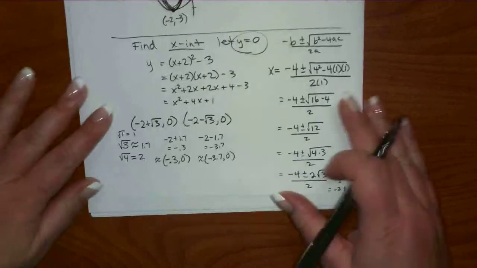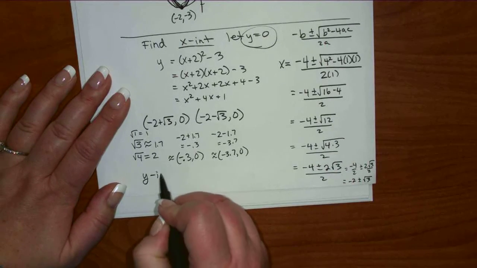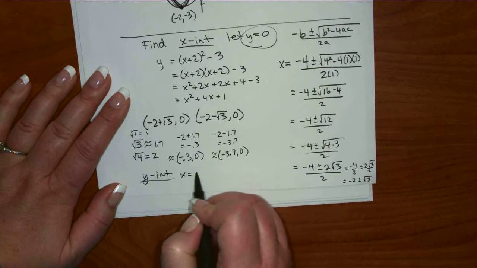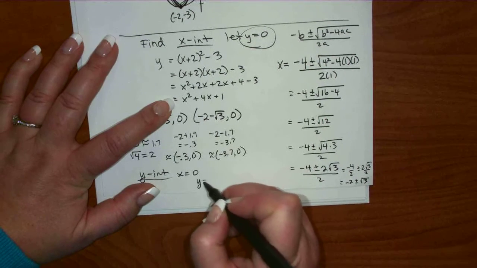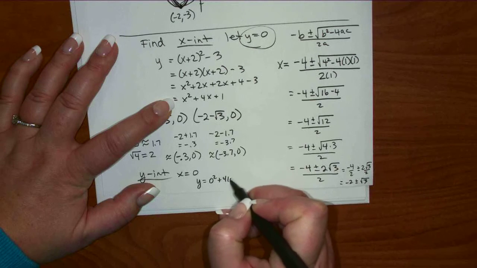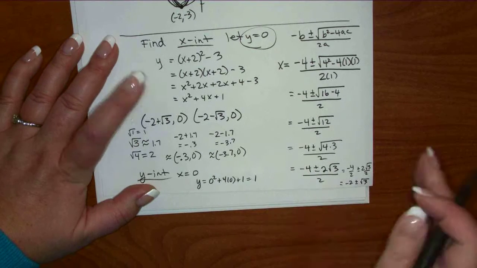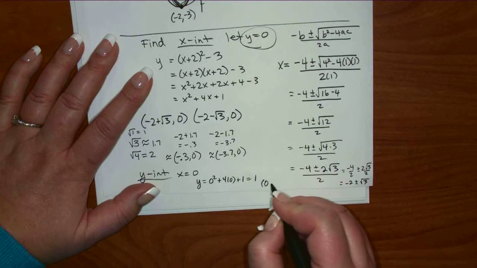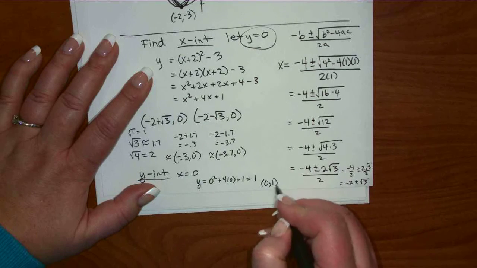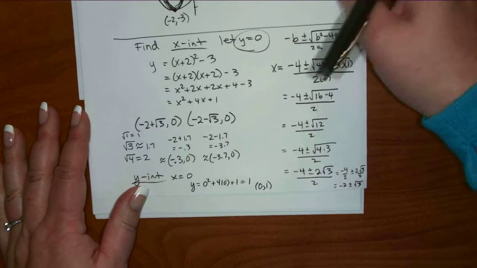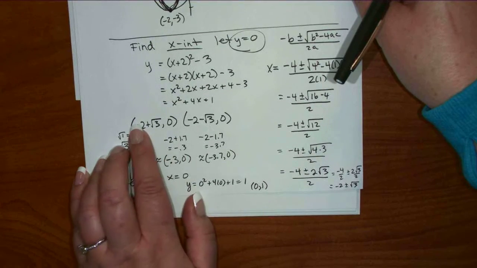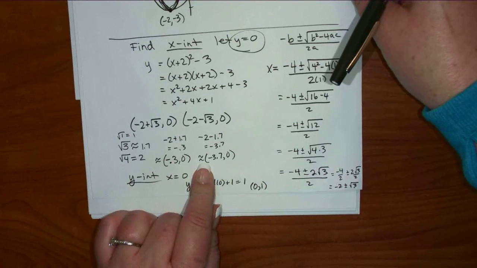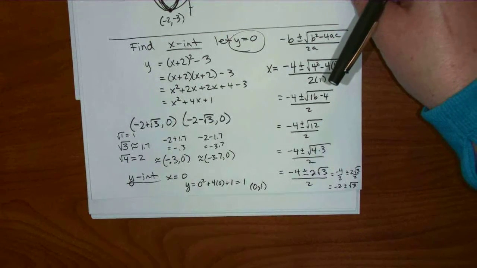We need the y-intercept, but remember that one's easy. We've already multiplied it out, so we could use that form. So 0 squared plus 4 times 0 plus 1 is 1. (0, 1). Okay, so we're going to write our points the right way, not our guess, but we're going to use our guess to actually plot them.